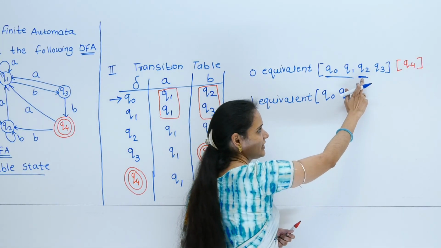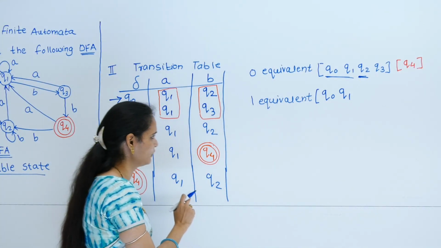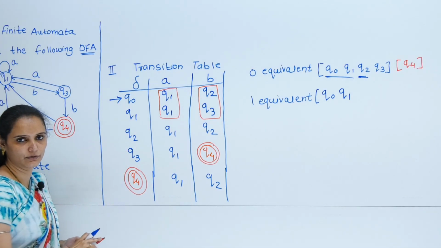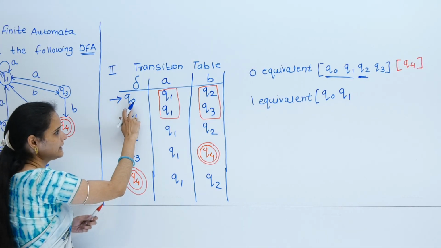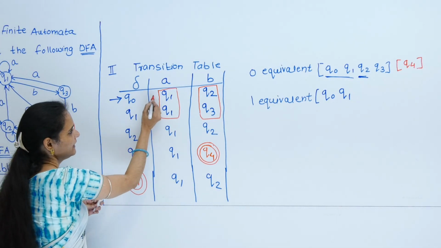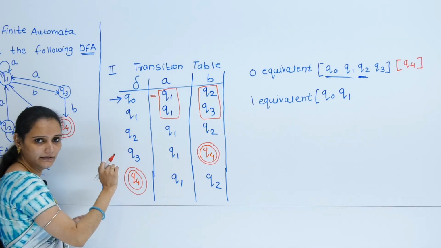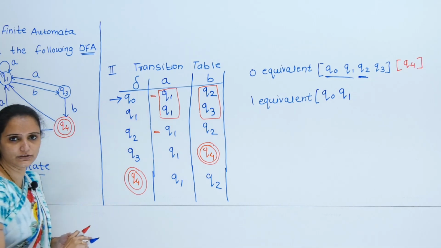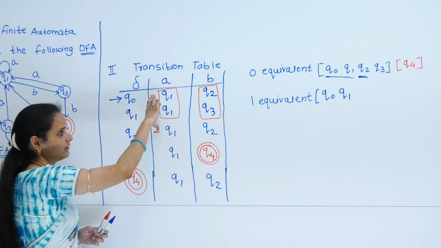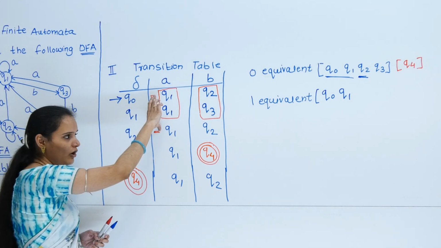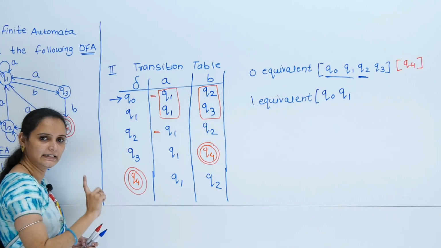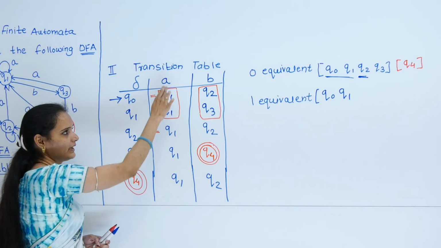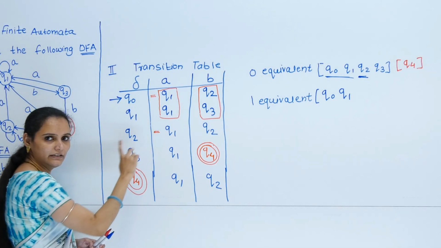So we can check with any one of these two. Now Q0 and Q2 we are going to check. Q0 on input A, where does it go? Q1, and Q2 on input A, where does it go? Q1. Again the same state, so it should be present in the same group. Therefore Q0 and Q2 on input A go to one group.